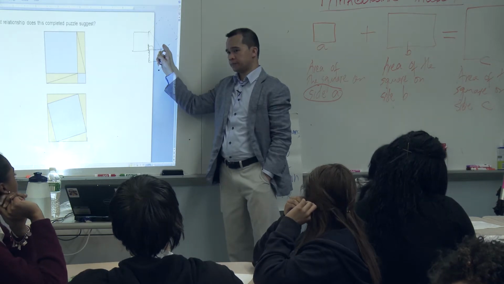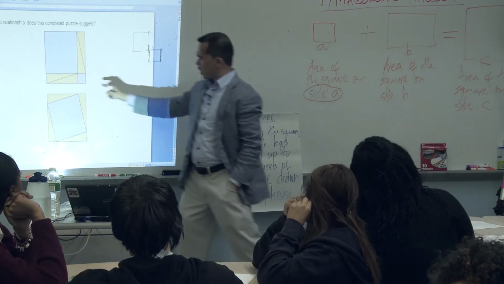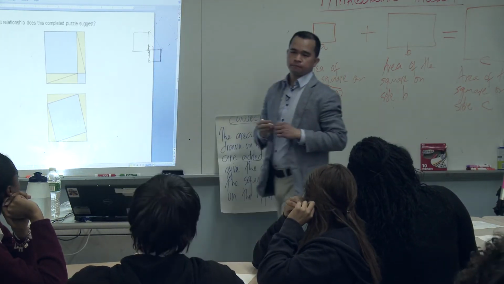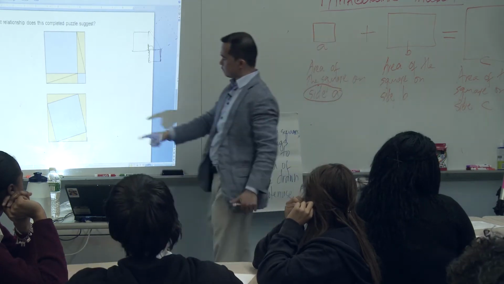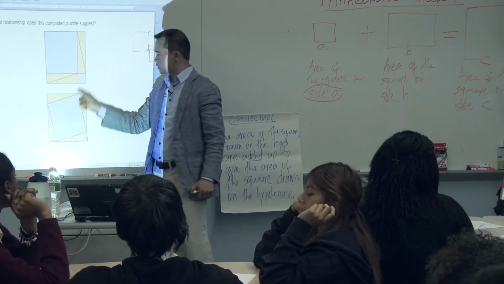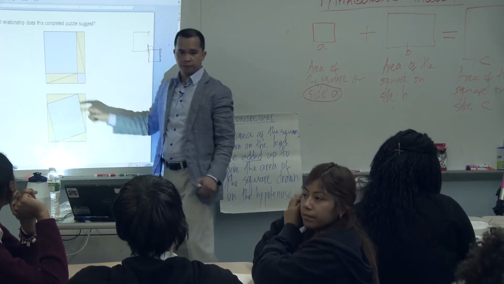That's what you're trying to say. Okay. How about the areas of the squares? The areas of the 3 square pieces, have you found any relationship among the areas of these square pieces?